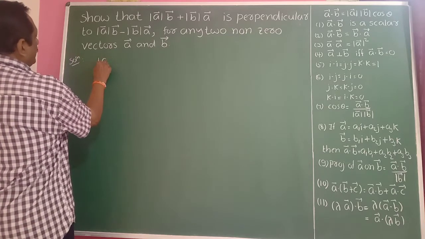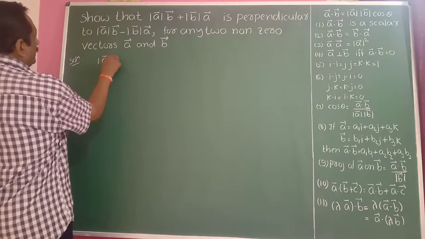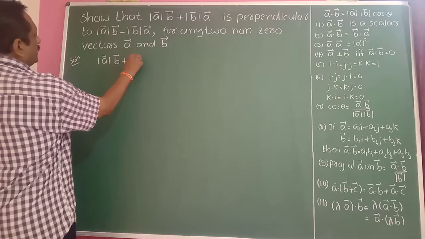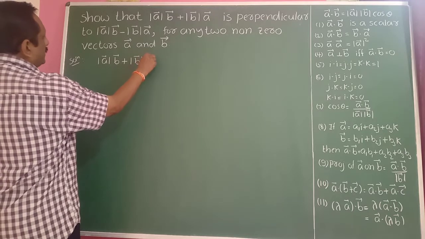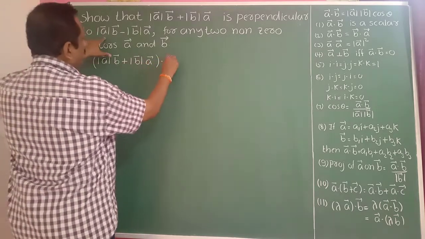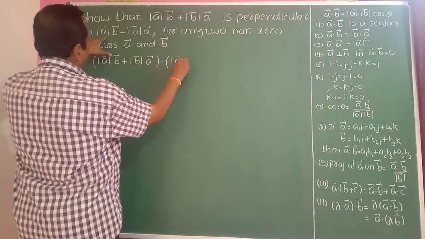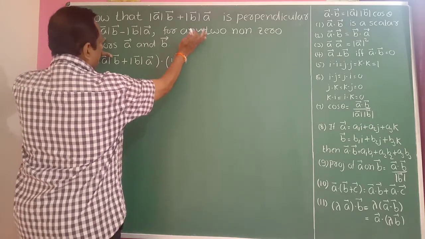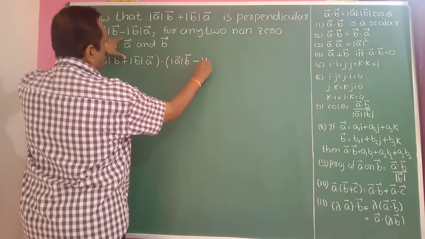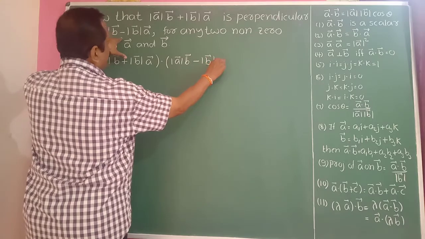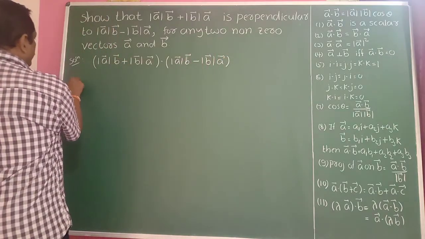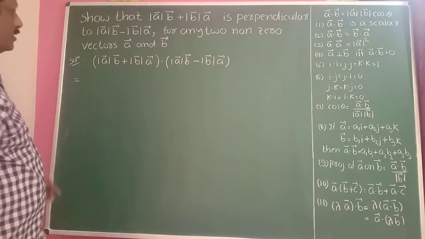So modulus of a bar into the vector b bar plus modulus of the vector b bar into the vector a bar, dot of modulus of a bar into the vector b bar minus modulus of the vector b bar into the vector a bar, that is equal to, okay, it's a dot product here.